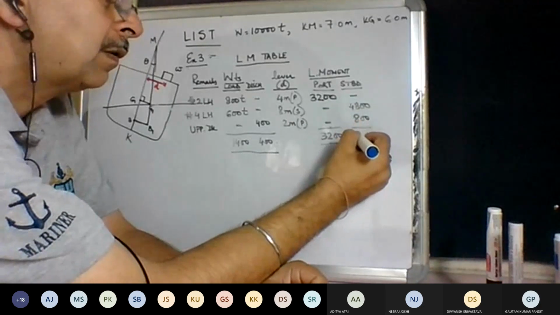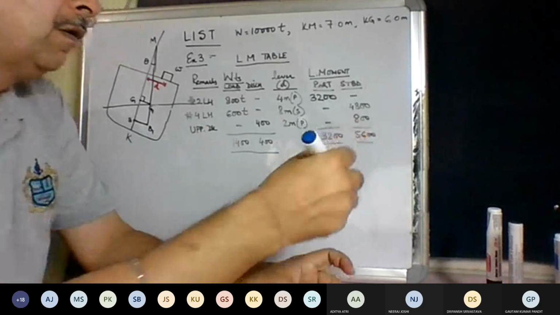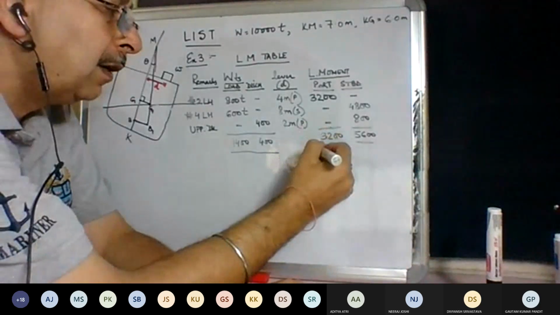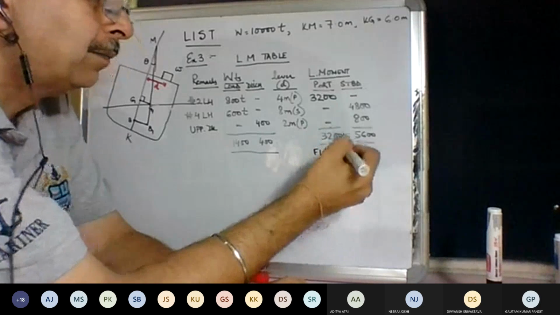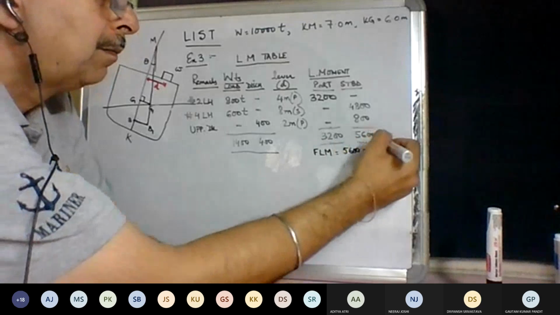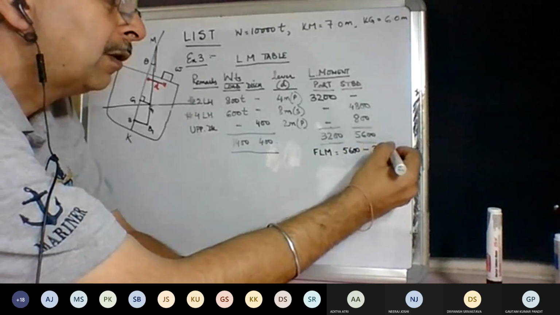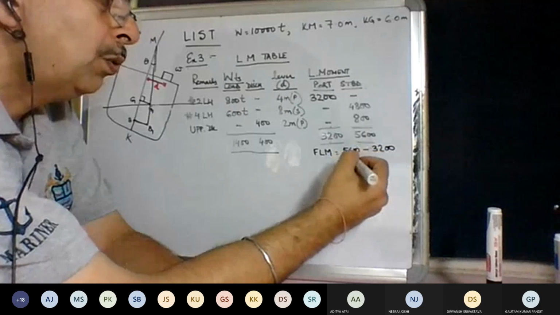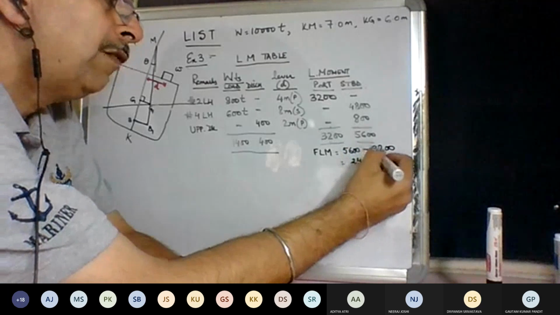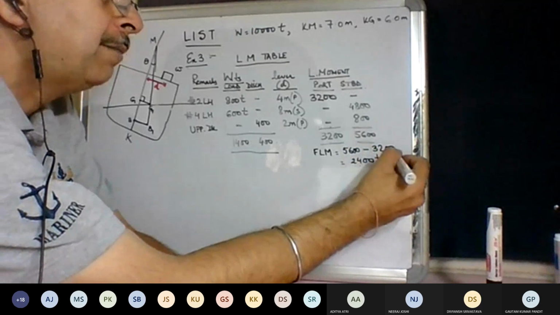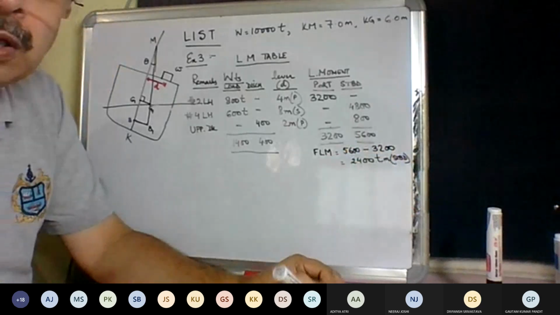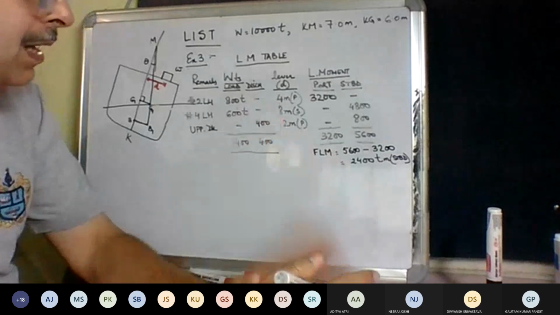This total is 5600. So final listing moment will be 5600 minus 3200, which is 2400 TM to starboard.